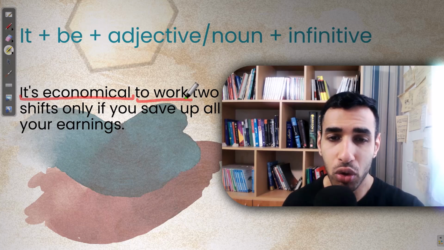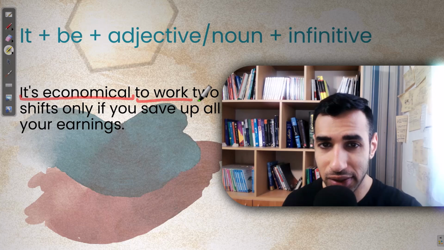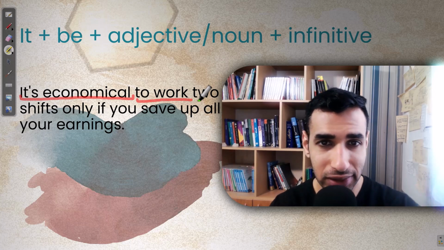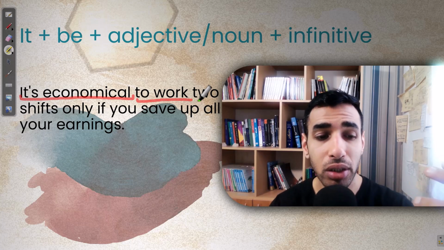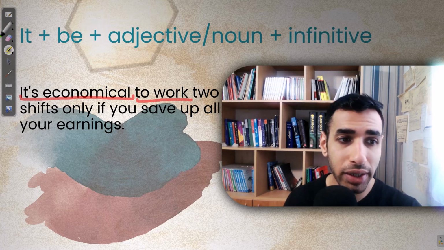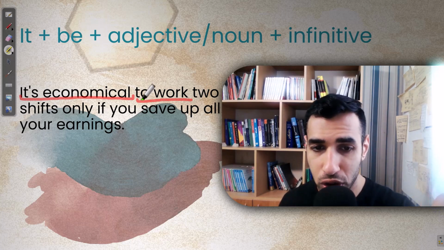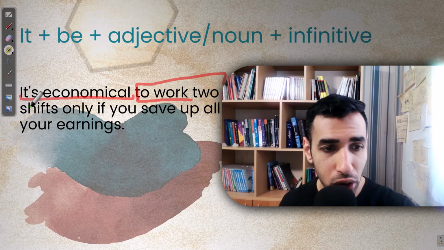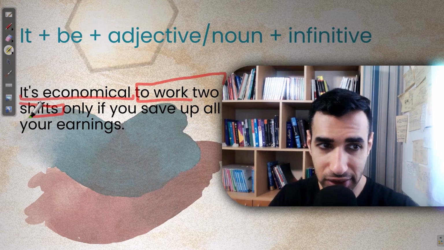To work what? So we need an object. The rest of the sentence acts as an object to work. It's economical to work 2 shifts. This whole to work 2 shifts is our infinitive phrase.